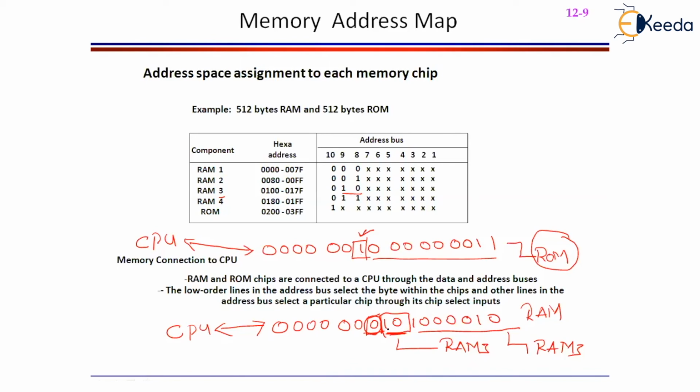Here they are equal to 10, meaning you know that it is the third RAM, and the least significant 7-digit address will fall under RAM 3. We are going to perform either a read or a write, which is the operation that needs to be done by the CPU. Okay, so this is the thing.